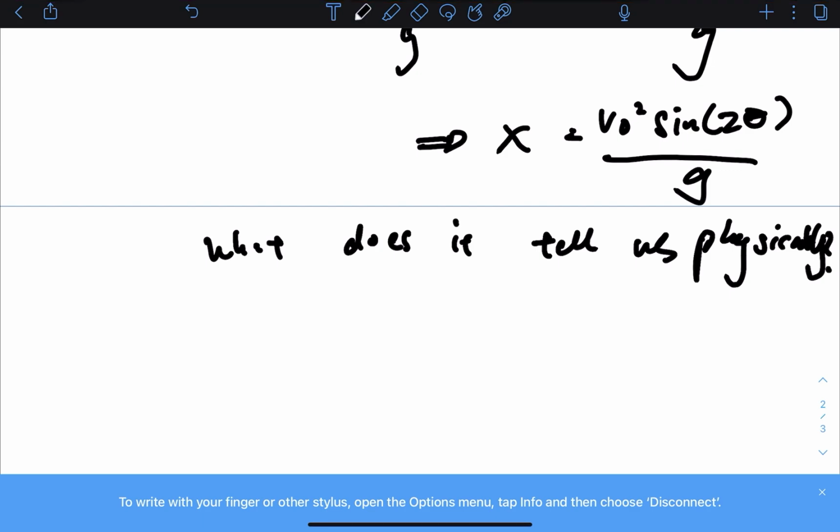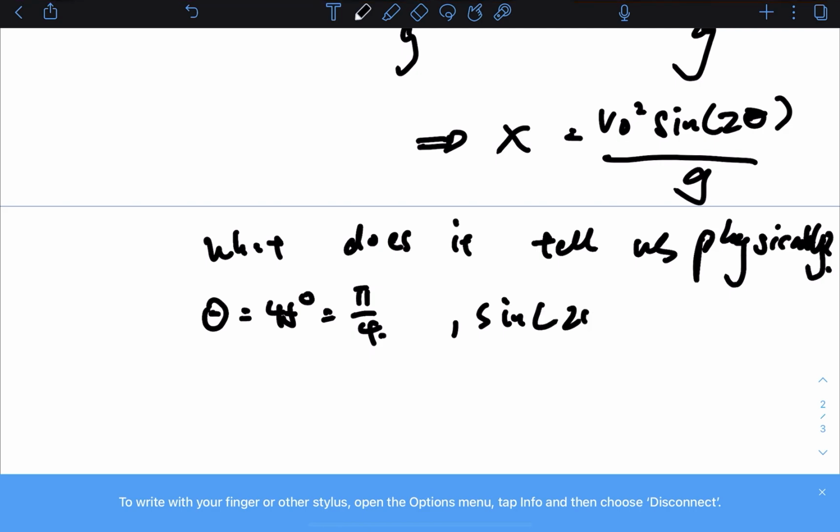It's quite remarkable. If we observe this a little bit, we can tell that theta equal to 45 degrees, or pi over 4 in radians, is when sine 2 theta is equal to 1.